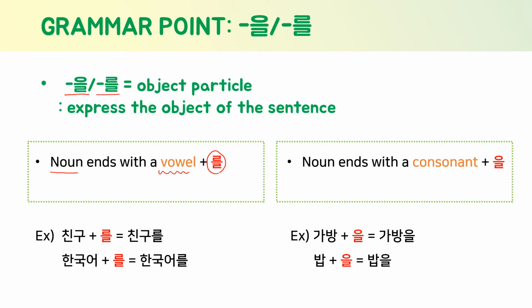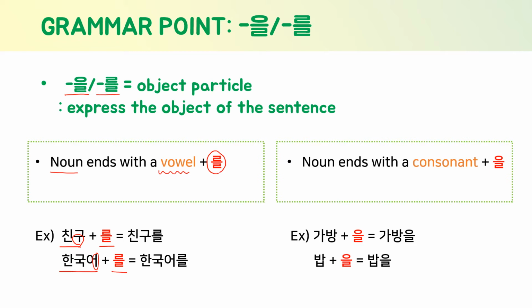For example, 친구, which means friend. The word ends with a vowel, so you add 를 at the end of the word. It becomes 친구를. Another example, 한국어, which means Korean language. This word ends with a vowel, so you add 를, and it becomes 한국어를.